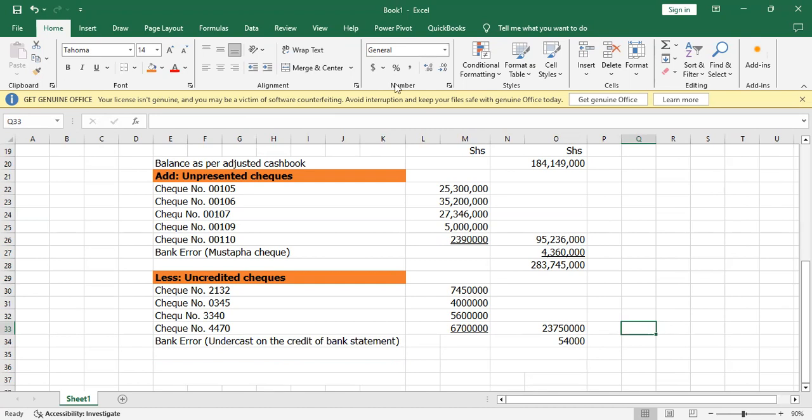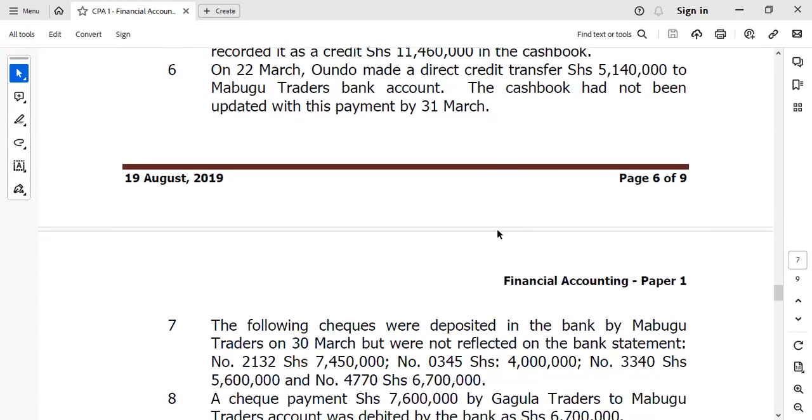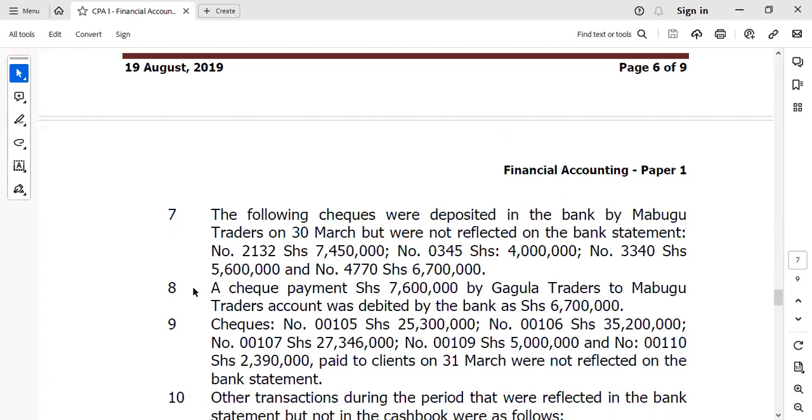Then there is also another error somewhere. Yes, error number 8. A check payment of shillings 7.6 million by Gagura traders to Mabugu traders account was debited by the bank as 6.7 million. So Gagura was making a payment to Mabugu, and Mabugu was receiving the money.